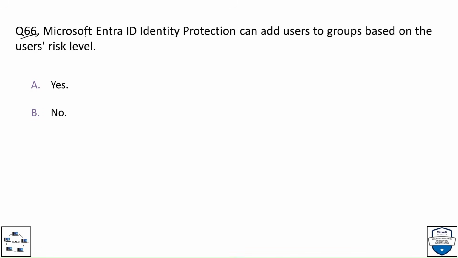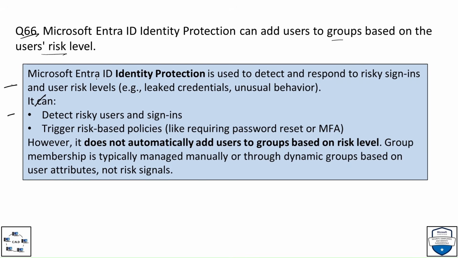Question number 66. Microsoft Entra ID Protection can add users to groups based on the user's risk level. Again, the options are option A, yes, and option B, no. And the correct option is option B, no. So Microsoft Entra ID Protection is used to detect and respond to risky sign-ins and user risk level, for example, leaked credentials and unusual behavior.